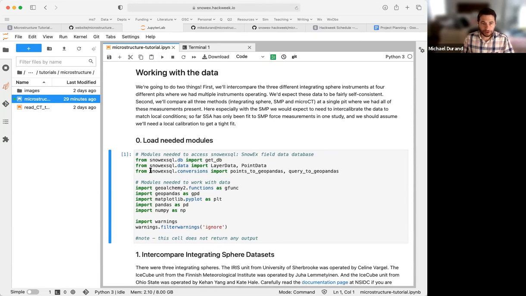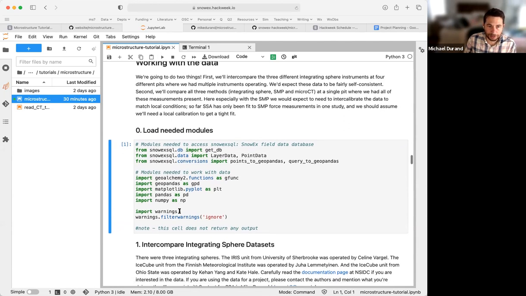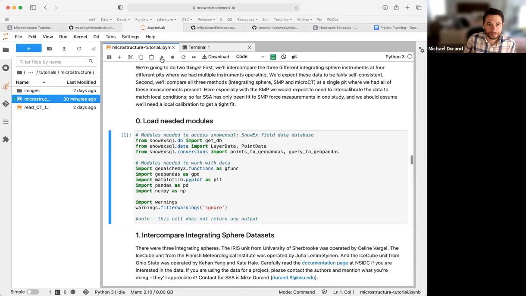So as always, we'll start by loading libraries, loading modules. Sorry, I'm kind of a Python newbie. So we're pulling in the SnowEx SQL database, and some good things like GeoPandas that we need to work with the data.